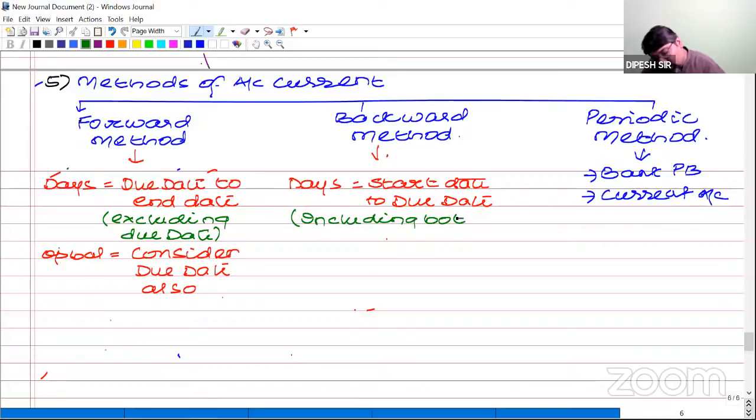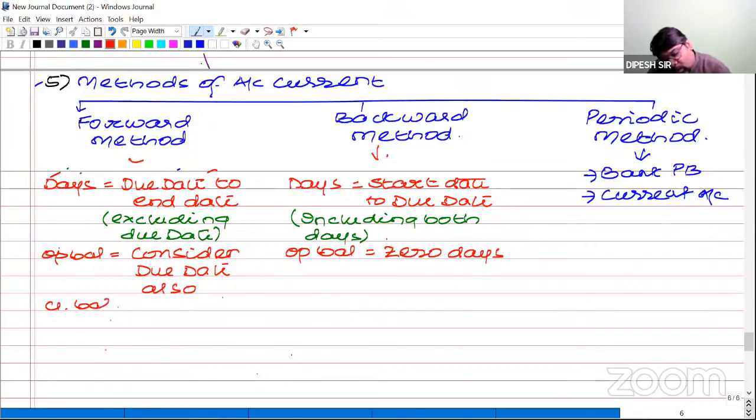Including both days. It is start date as well as due date. Correct? Okay. Start date means period start date. Now, opening balance, chartered. Balance, zero days.